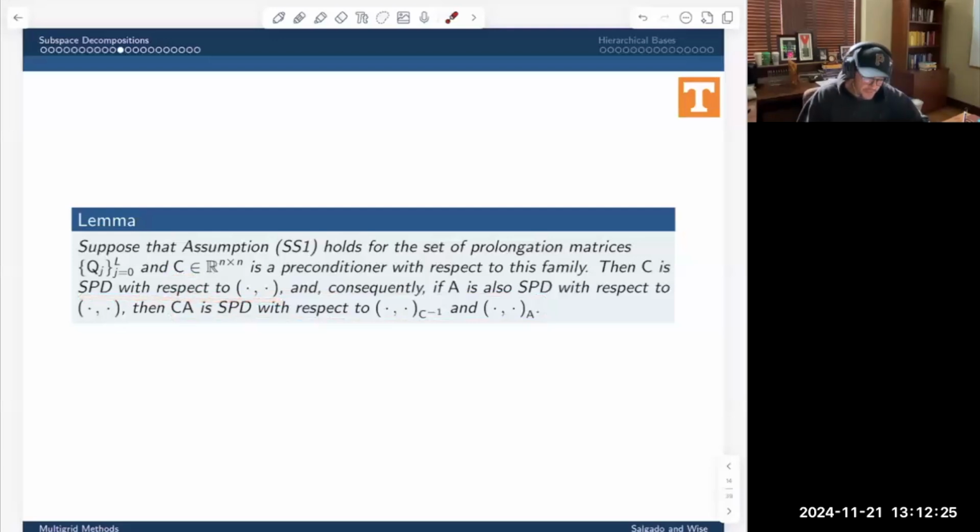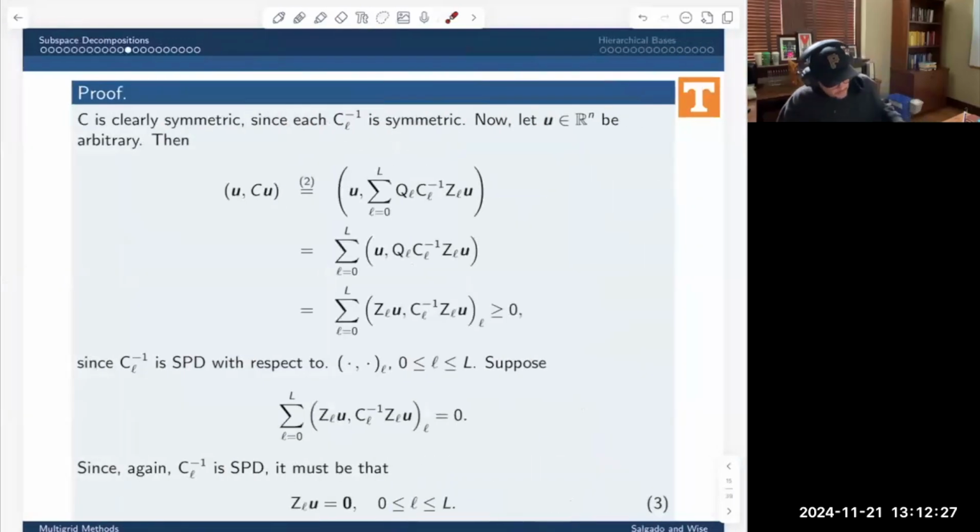That's the key missing piece. Okay, so now C is a sum of a bunch of matrices which turn out to be each one of them symmetric. That's because each C_L inverse is symmetric. If C_L is symmetric, positive definite, then C_L inverse is symmetric, positive definite. The key term we're going to use here to begin with is symmetry.